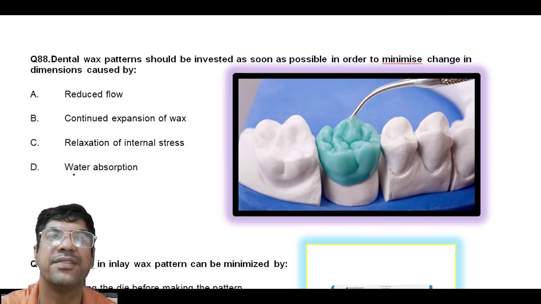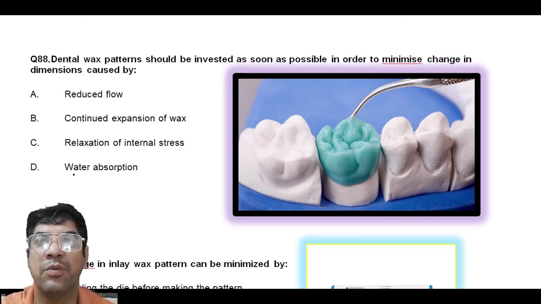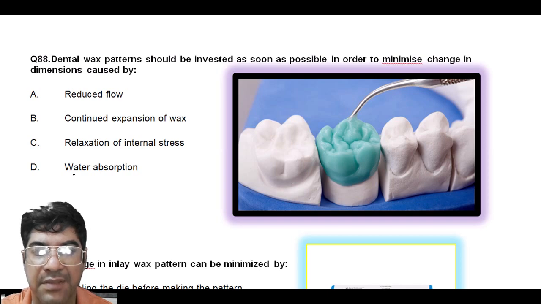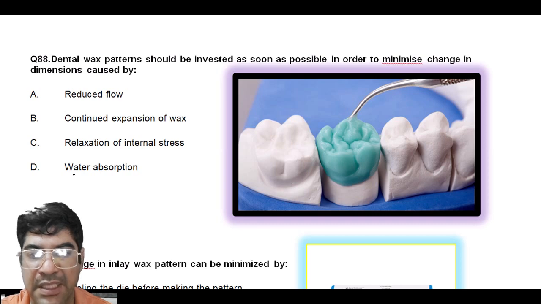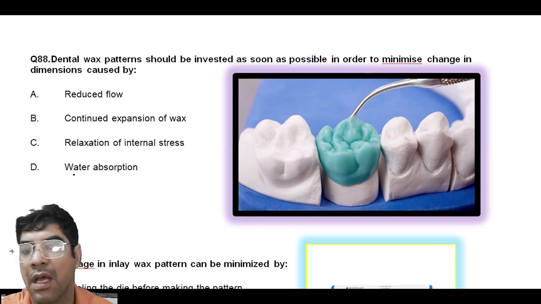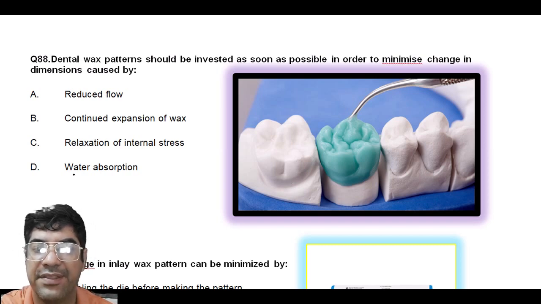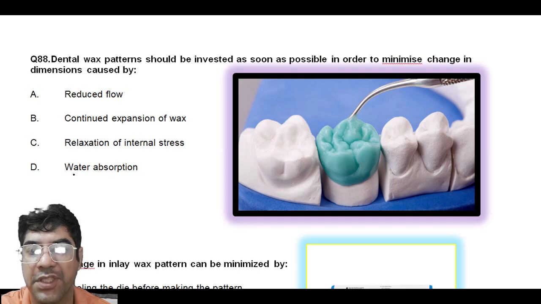The dental wax pattern should be invested as soon as possible in order to minimize the change in dimension caused by relaxation of the internal stresses. These stresses can lead to distortion.